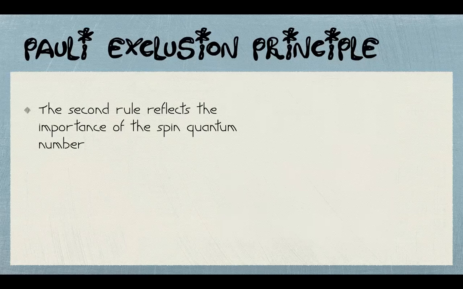Rule number 2. The second rule is called the Pauli exclusion principle, and it reflects the importance of the spin quantum number, the one that I told you was either +1/2 or -1/2. It reflects the fact that no two electrons have exactly the same 4 quantum numbers, because even though each orbital holds 2 electrons, for example, if you have the 4s orbital and you've got two electrons in there, they cannot have the same 4 numbers.